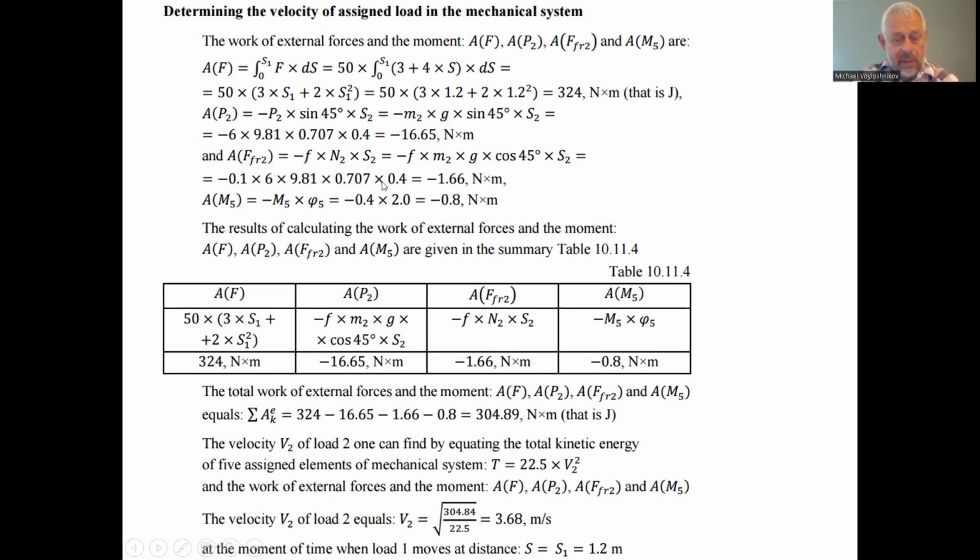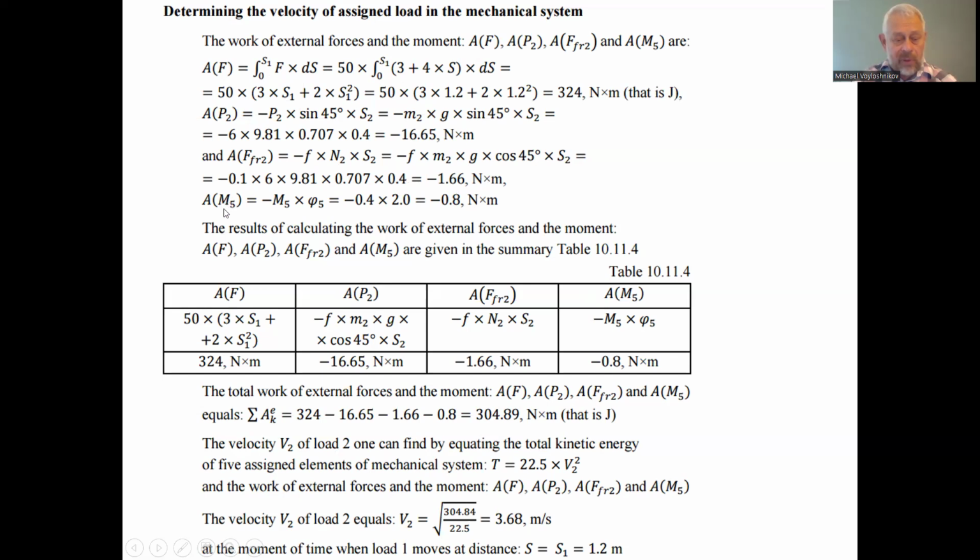For 45 degrees, the sine and cosine magnitudes are the same, and multiplied by the same path of the second load when the first goes for 1.2, the second goes for 0.4. And we can find that the work of the friction force is minus 1.66 newton meters.